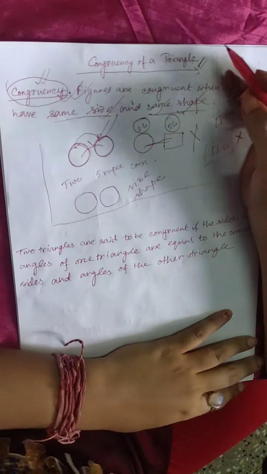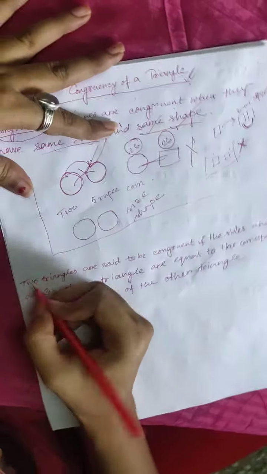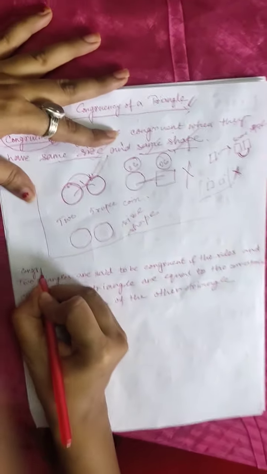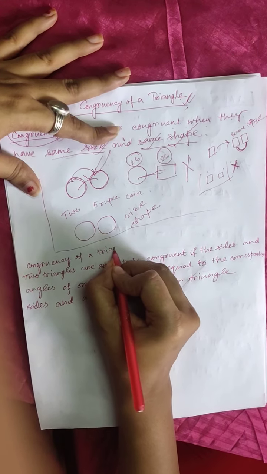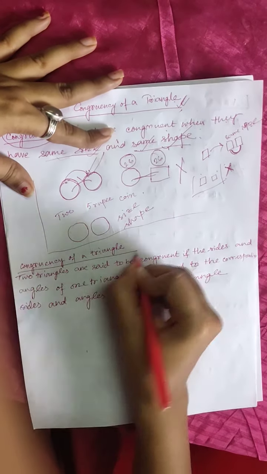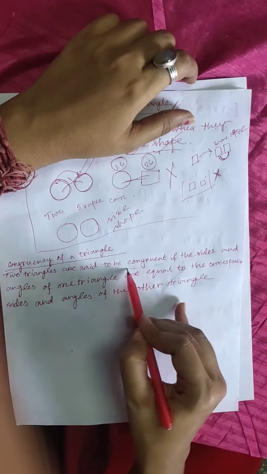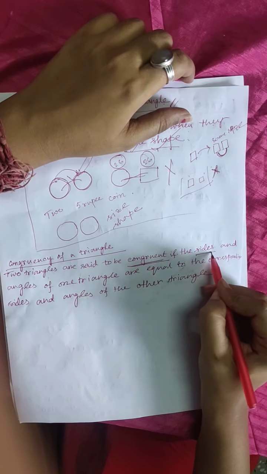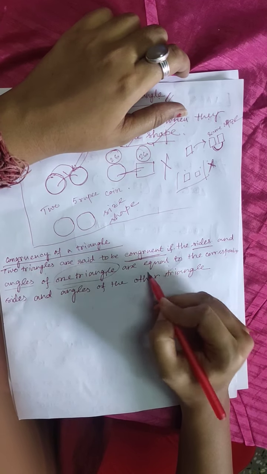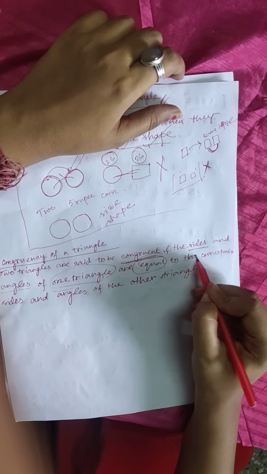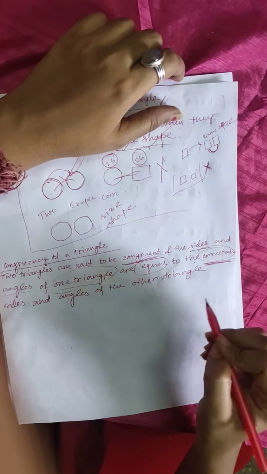Now let's go into the main topic, congruency of a triangle. So what is congruency of a triangle? Two triangles are said to be congruent if the sides and the angles of one triangle are equal to the corresponding sides and angles of the other triangle.